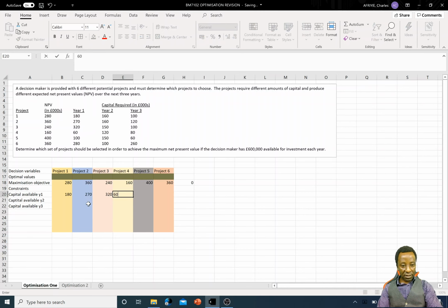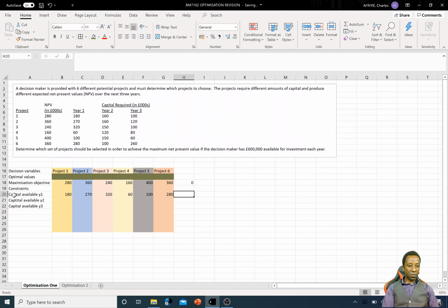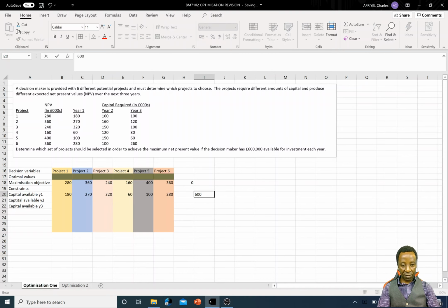And then we have 60 for the next one, and we have 100, and then we have 280. Okay, so there is the need to state how much capital is available, right? We will just skip that bit in there, that cell. We come to the other side and say we only have 600 available.